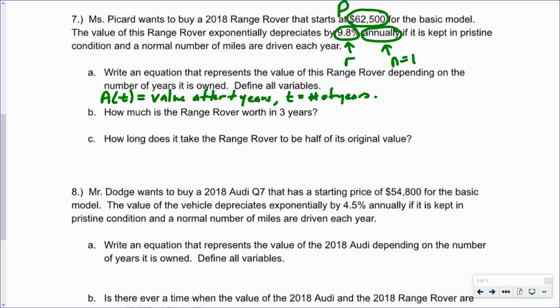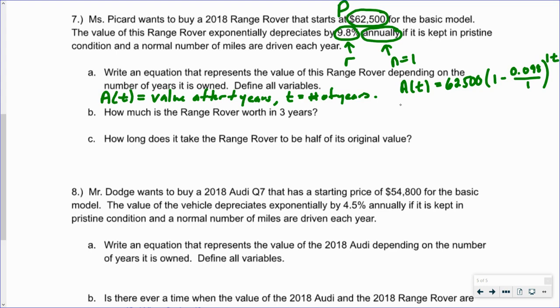So let's write an equation here. A of t is equal to the principal amount, which is 62,500, times 1. In this case, we're subtracting because the value is going down over a number of years. It's the rate, 0.098, which is expressed as a decimal, over the number of times that the interest is compounded, which is once yearly, raised to the nt, which is 1t.